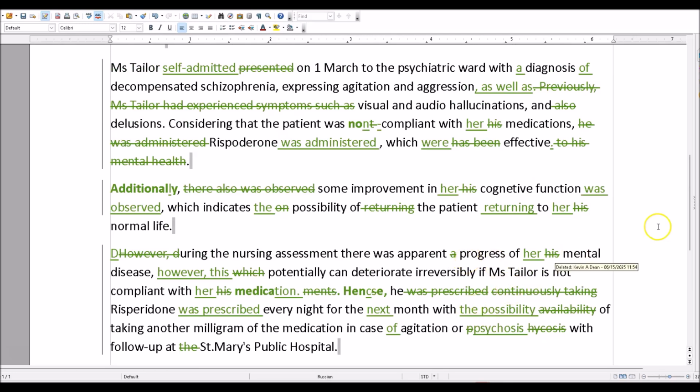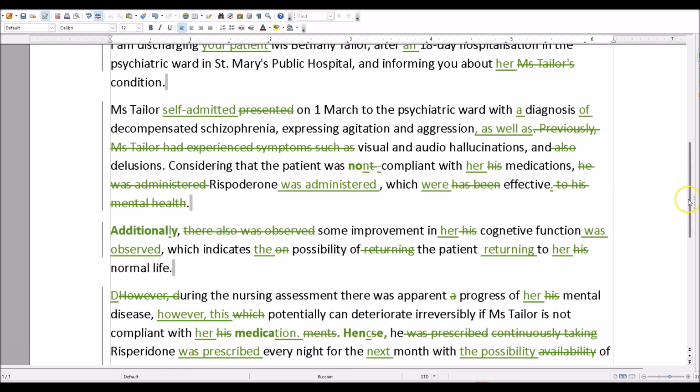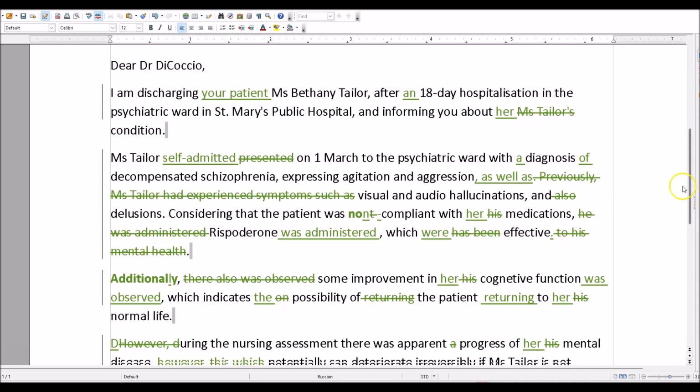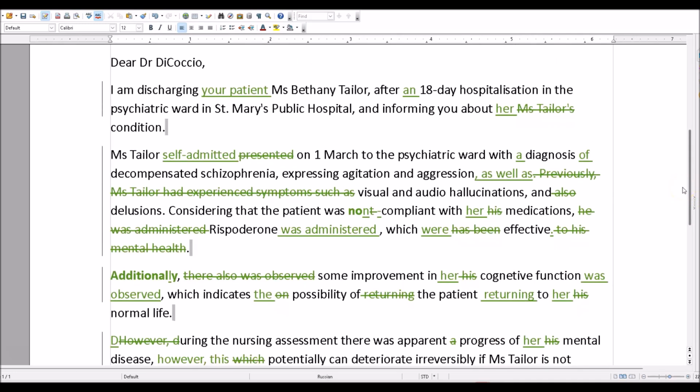So, quite a few things to have a look at, as you can see. Prepositions, articles, misgendering the patient. Is it a he? Is it a she? Who is it?